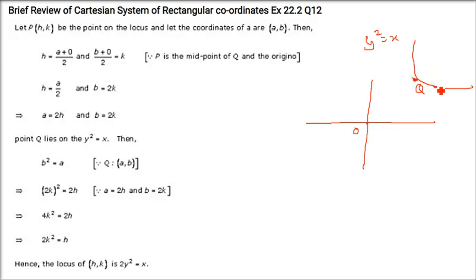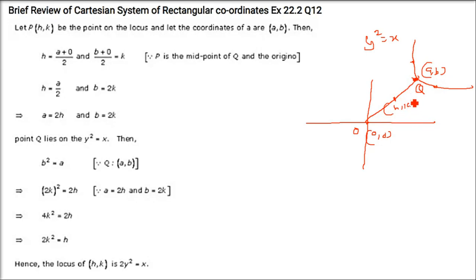So now this Q can be anywhere on this whole curve. So we are taking just one instantaneous point. Origin is 0, 0. And this Q we are taking as A and B. You can take it as any variable.